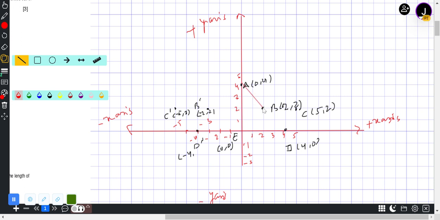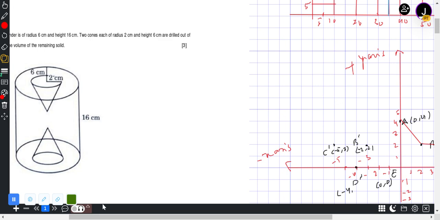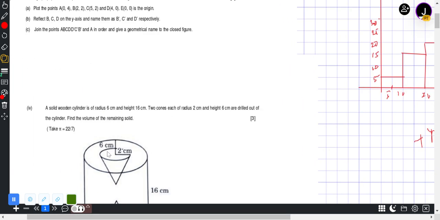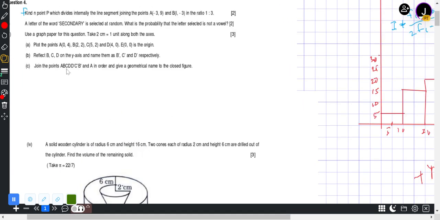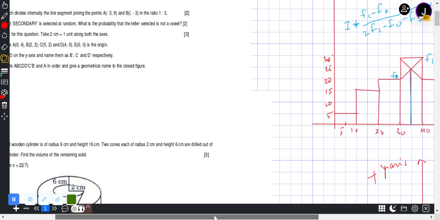Join the points A, B, C, D, then D dash, C dash, B dash. So D to D dash, then C dash, B dash, and A.